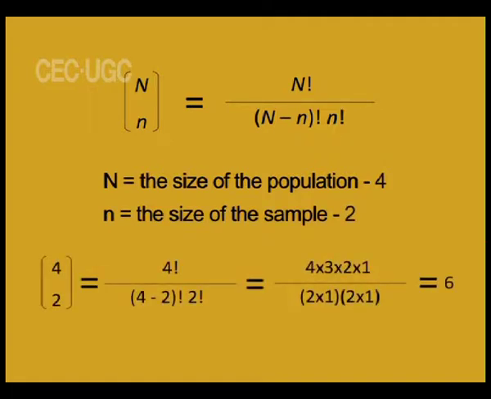When we apply these numbers to the formula stated earlier, we get 4 factorial divided by 4 minus 2 factorial multiplied into 2 factorial, and this is equal to 4 into 3 into 2 into 1 divided by 2 into 1 into 2 into 1, and the answer we get is 6.